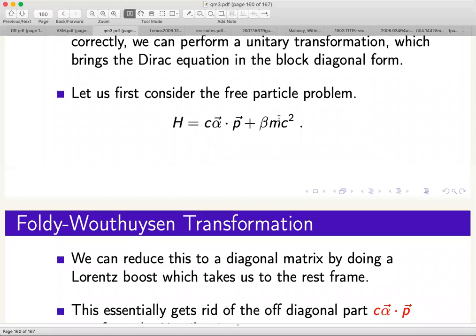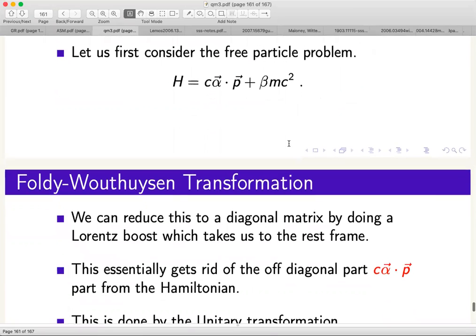Okay, if mass is non-zero, then you can always go to a frame which is a rest frame of the particle. In that case, alpha dot p acting on the corresponding wave function will give you 0, and you have a diagonalized Hamiltonian. Okay, but that is kind of a cheating in the sense that you basically just get rid of this piece by working in a frame in which the momentum operator has 0 eigenvalue.